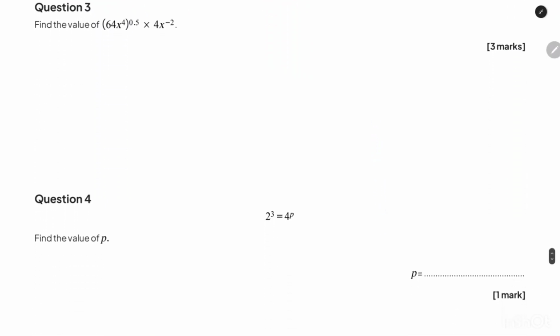Okay, third question. The power is in decimal, so instead of writing in decimal, write it in the fraction. So the 64 to the power 1 by 2, and I'm already giving them the separate powers. So 64 raised to 1 by 2 into x raised to 4 to the power 1 by 2 into 4, and this x raised to minus 2 will remain as it is right now.